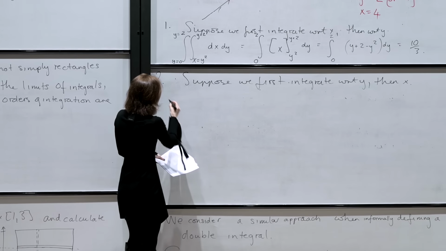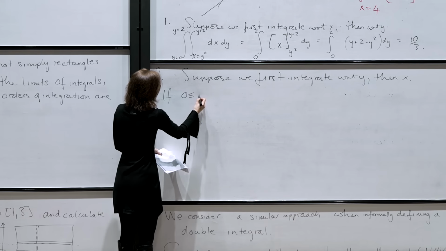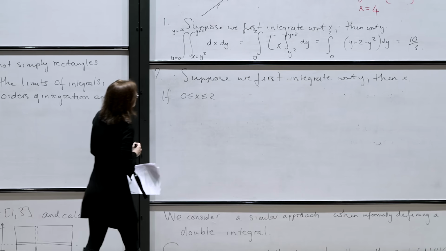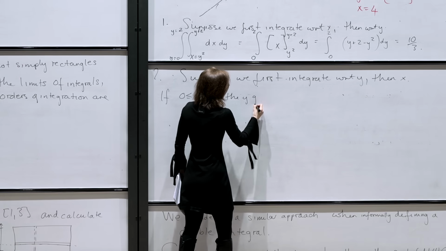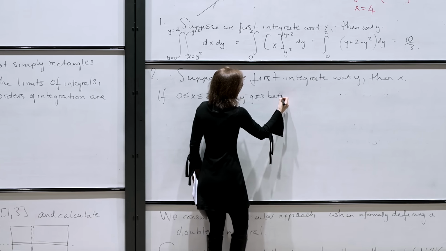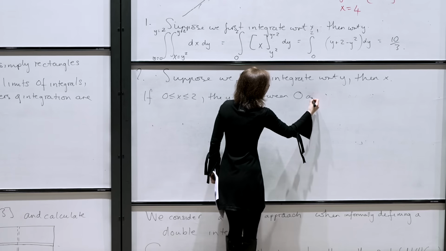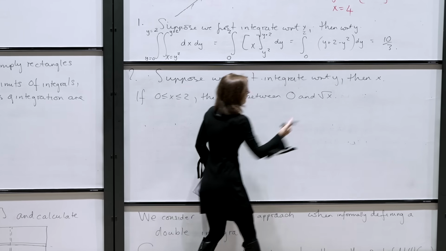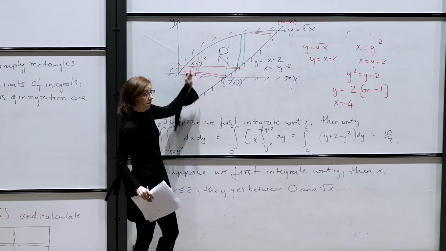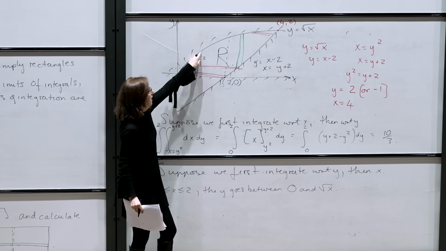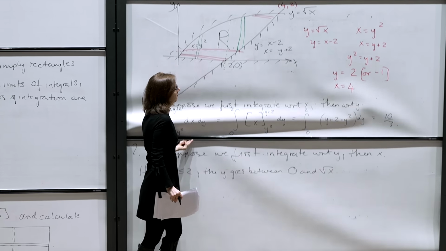Okay, so if x is between 0 and 2, then y goes between 0 and the upper limit, which is root x. So provided I'm over here, the lower limit will be 0 and the upper limit will be root x.